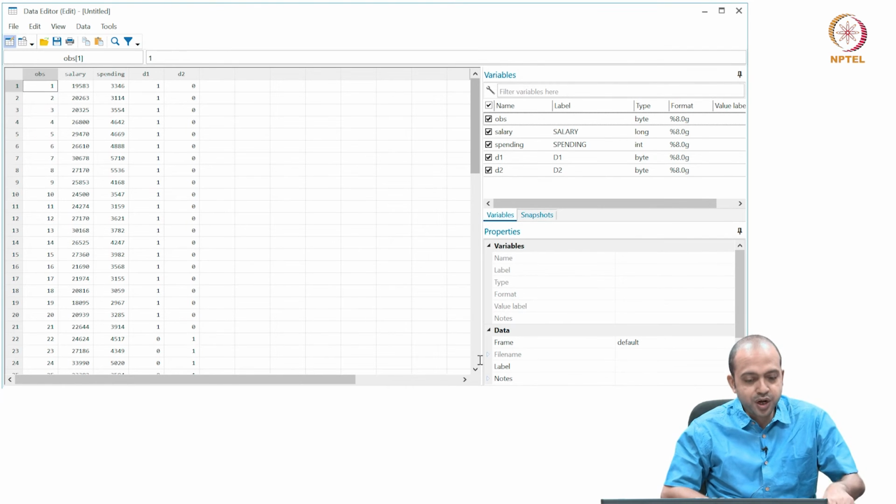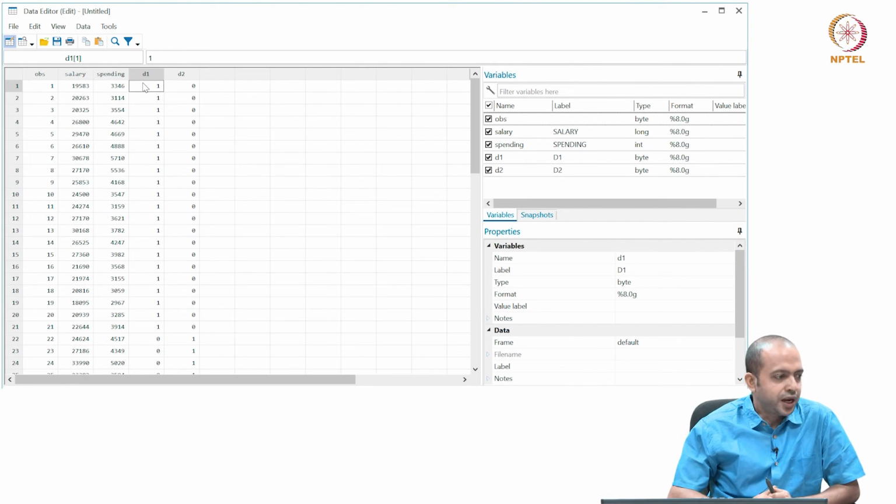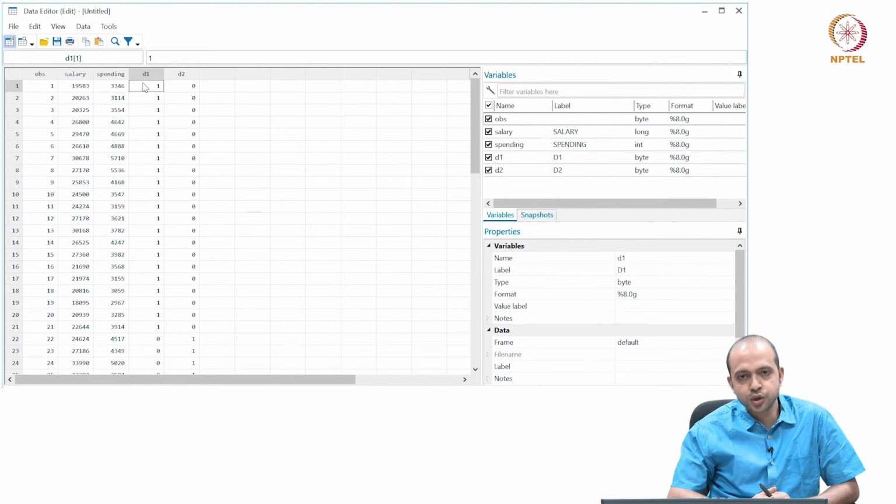So, when D1i equals 1 and D2 equals 0, that means this particular state belongs to the northeast or north central region. That is how we have defined it: D1i equals 1 if the state belongs to northeast or north central, 0 otherwise.